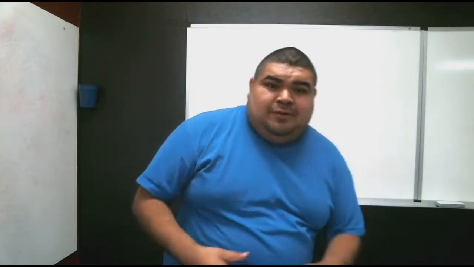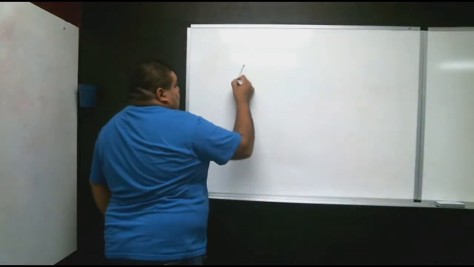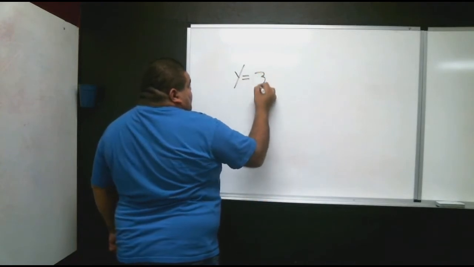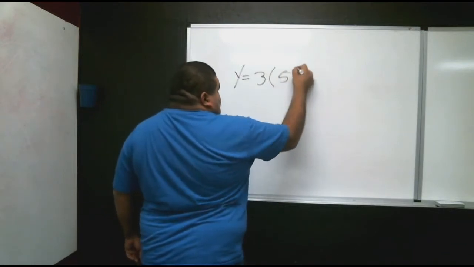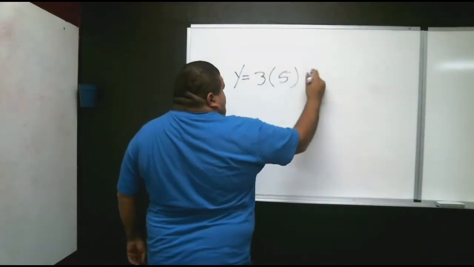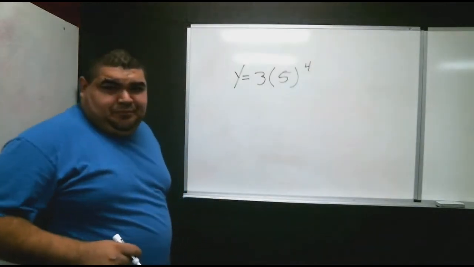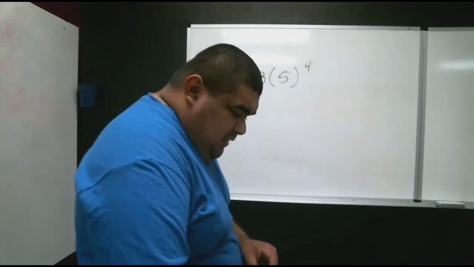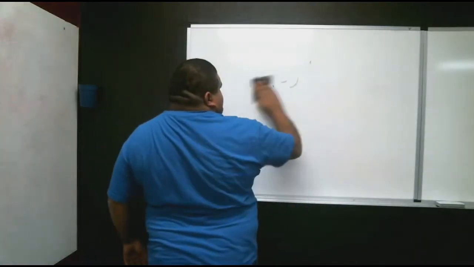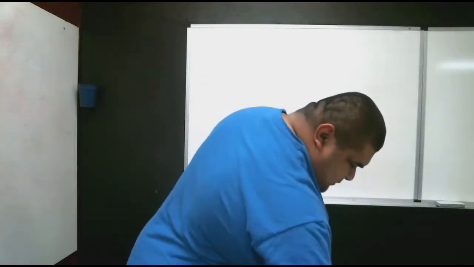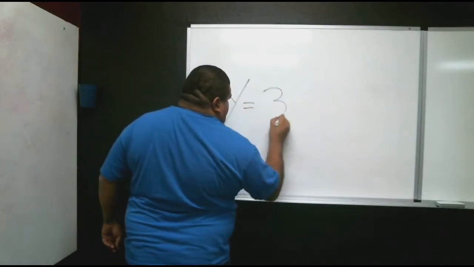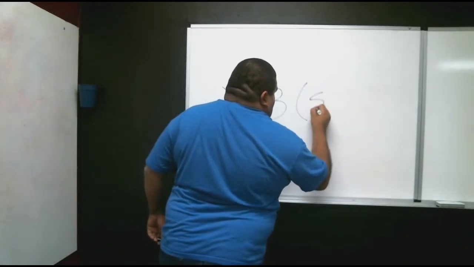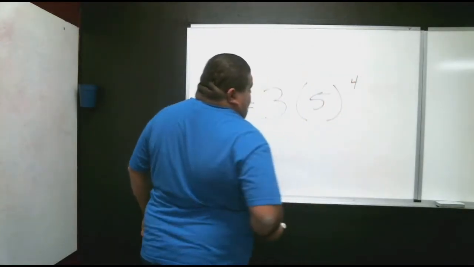For example, if I were to write on the board y equals 3, parentheses, because we have another number next to it, 5 to the 4th power. Probably should have written it a little bigger. Let me write it a little bigger so you guys can really see it. We have y equals, again, 3, 5 to the 4th power.